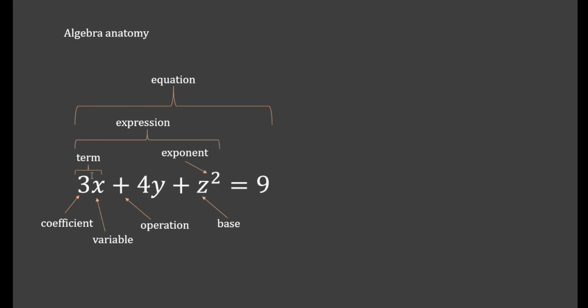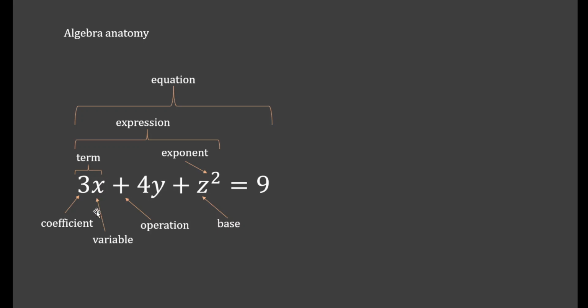It's a combination of terms that are combined with these operations. Now, in this case, I'm using the operation addition, even though it's the same as saying this is plus 4y and this is plus z squared. But it is also how we differentiate terms.